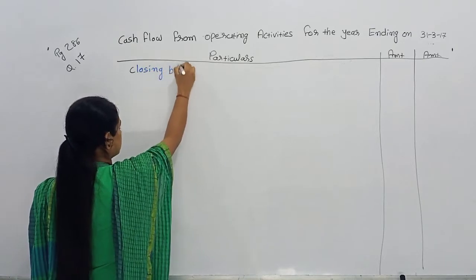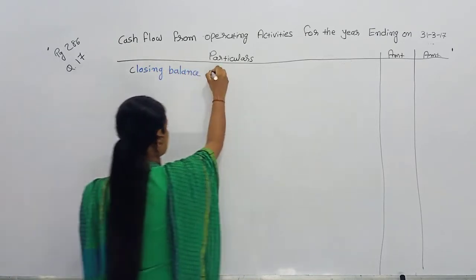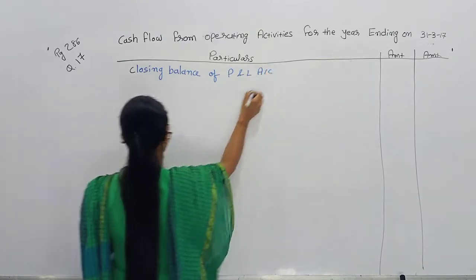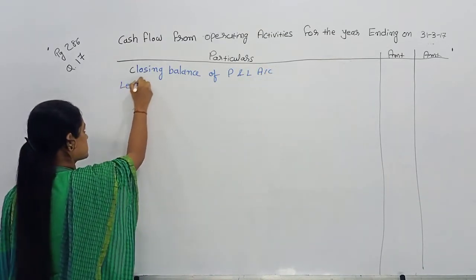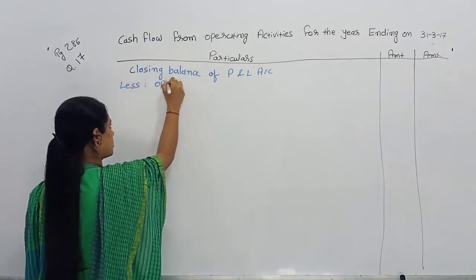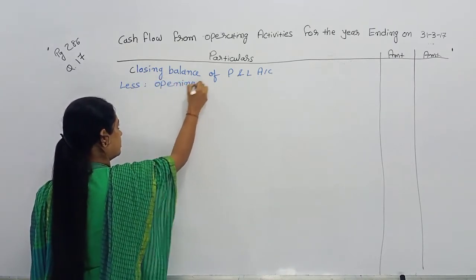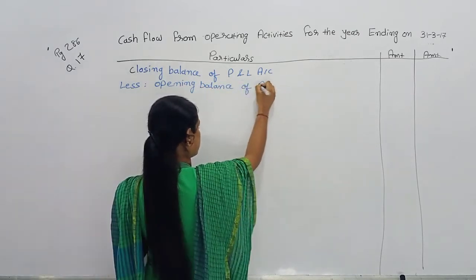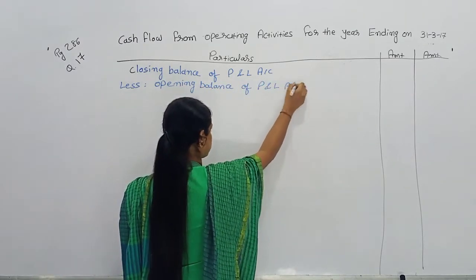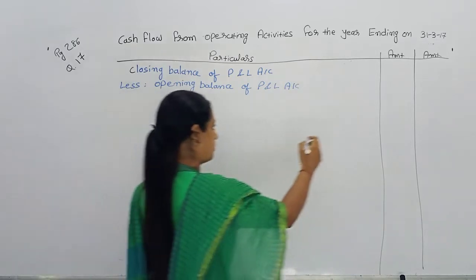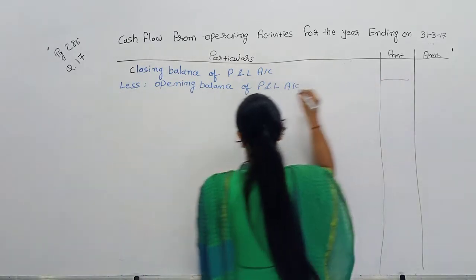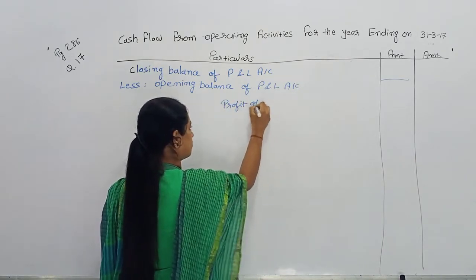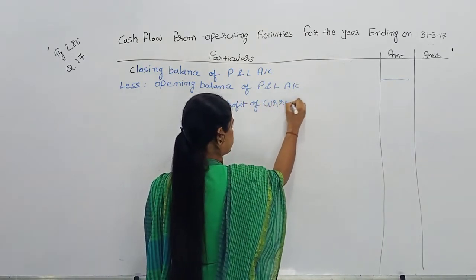closing balance of P&L account. From that we have to less the opening balance of P&L account, right? By deducting this we'll get the profit of the current year.